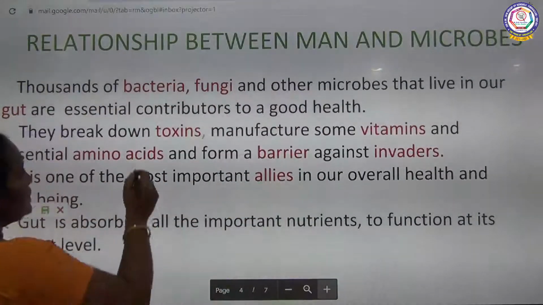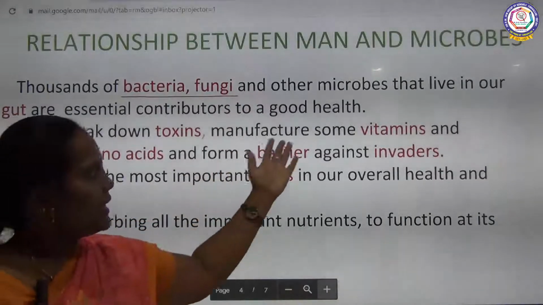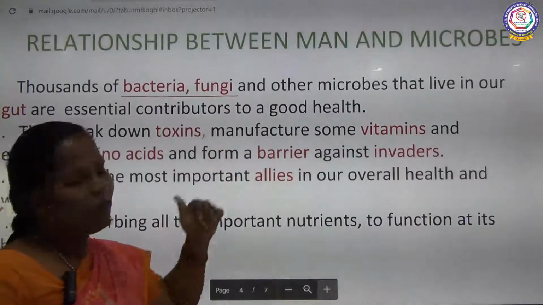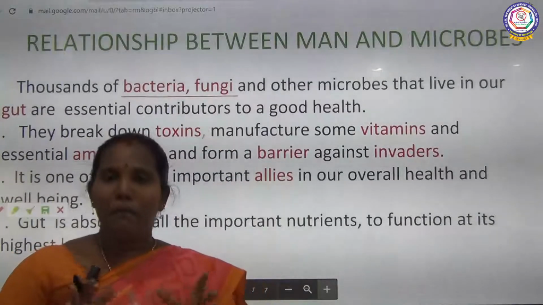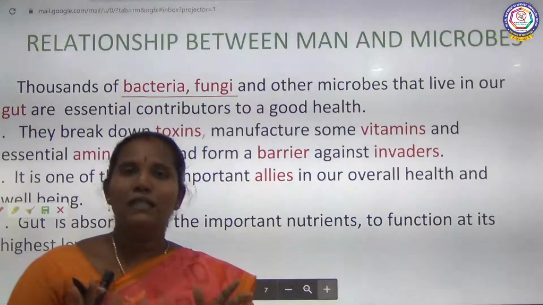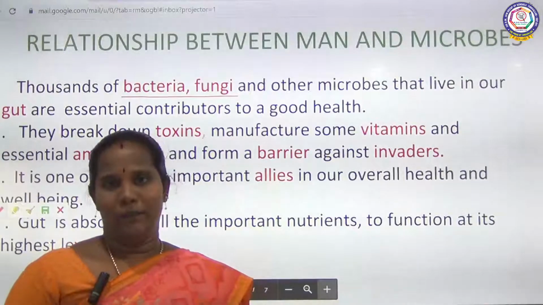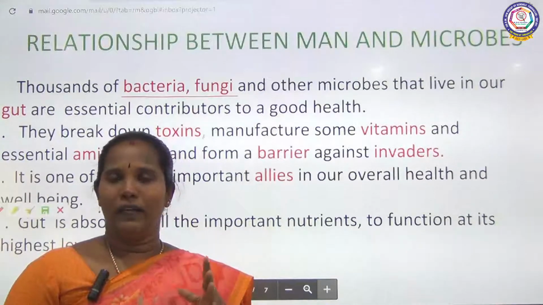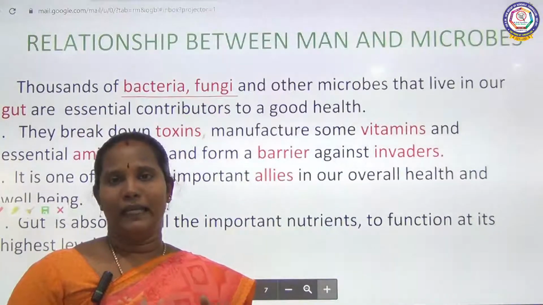See, thousands of bacteria, fungi and other microbes that live in our gut are essential contributors to our good health. Listen, I already told you many microbes, thousands of microbes, are present inside and outside our body. For example, the bad smell in our mouth, I told you, is an example of bacteria.